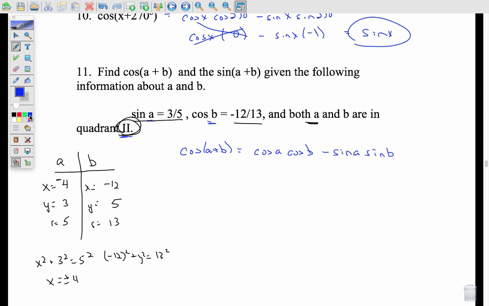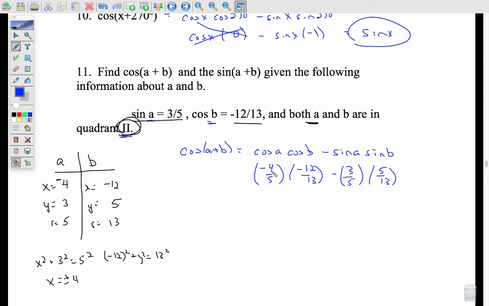We're in quadrant 2 with angle B as well. Y is positive in quadrant 2. So now we have x, y, and r solved for both angles, A and B. We can now make our simple substitutions. So back over here, cosine of A is -4/5. The cosine of angle B is -12/13.